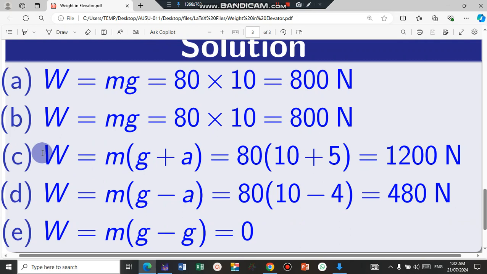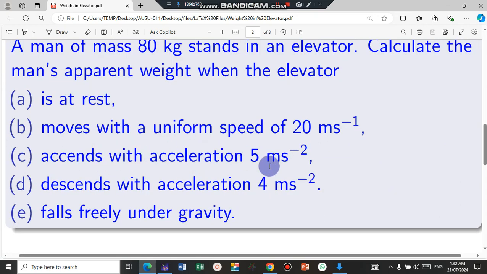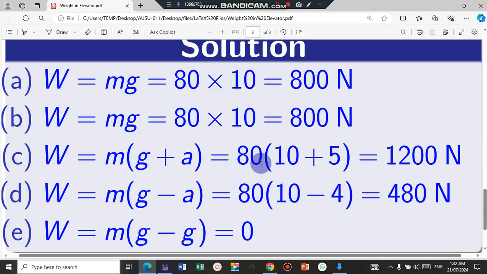So when it is ascending, our weight is m into g plus a, and m is the mass 80, g acceleration due to gravity 10, a is the upward acceleration 5, and look at what we are given: the upward acceleration 5 meters per second squared. So when you put it, use your calculator, 80 into open bracket 10 plus 5 close bracket, and press the equal sign.